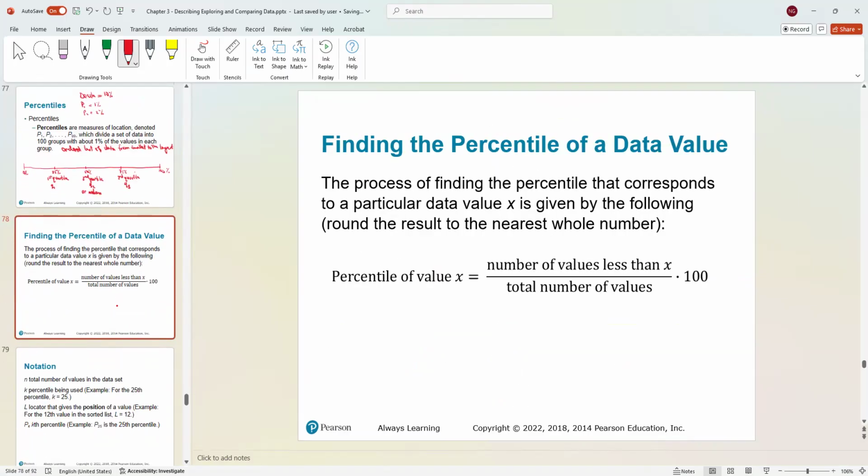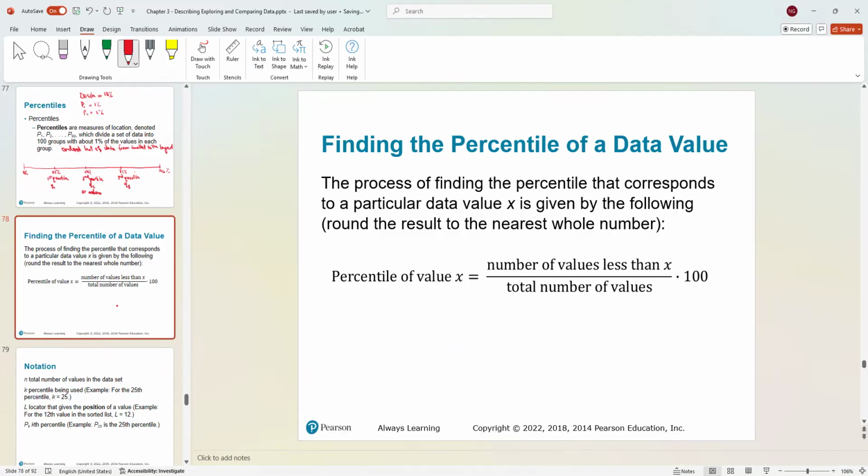But how to find it: the process of finding the percentile that corresponds to a particular data value x is given by this formula. Usually you take the number of values less than x and divide by the total. We have many different ways to find them.